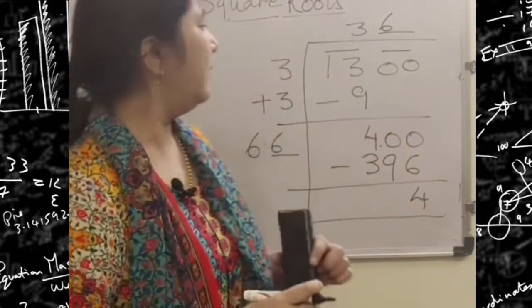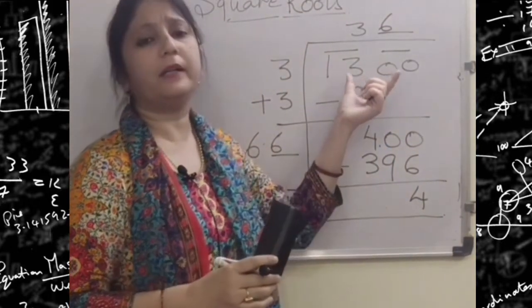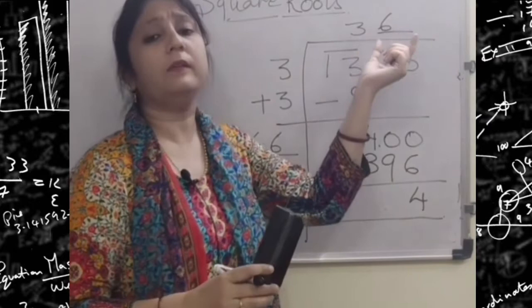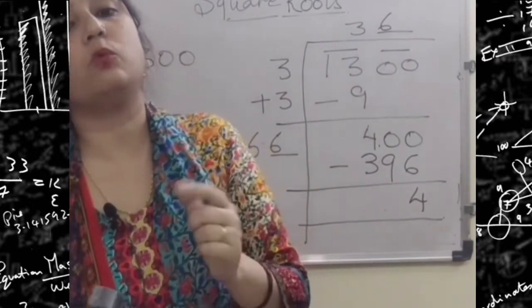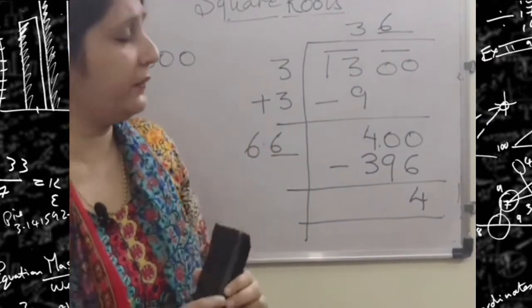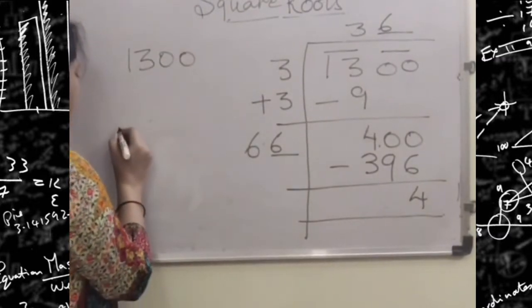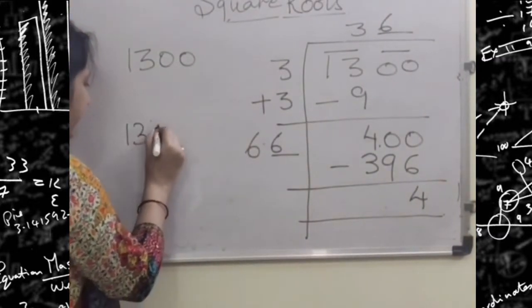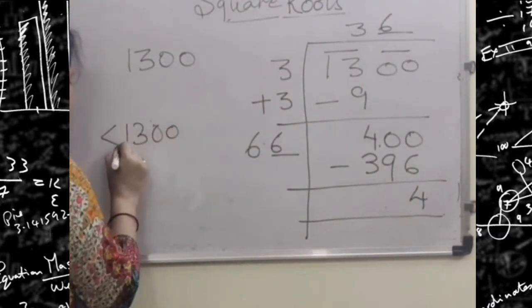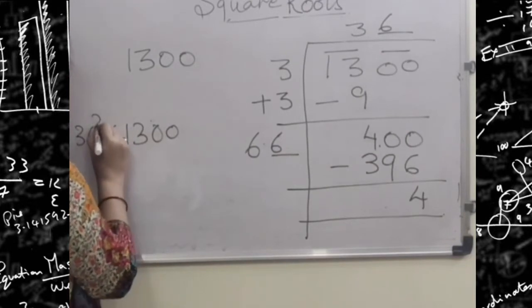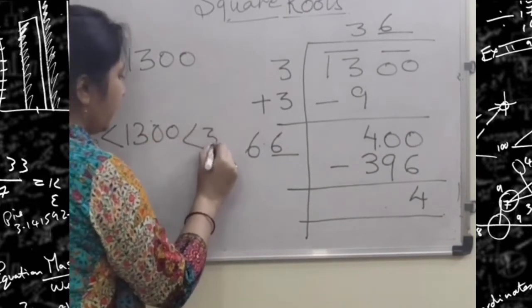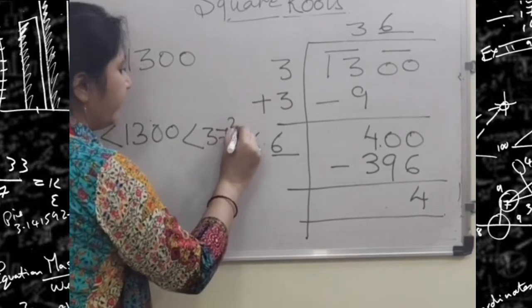Understood? So beta, what we will write, 1300 is greater than the square of 36 and less than the square of 37.